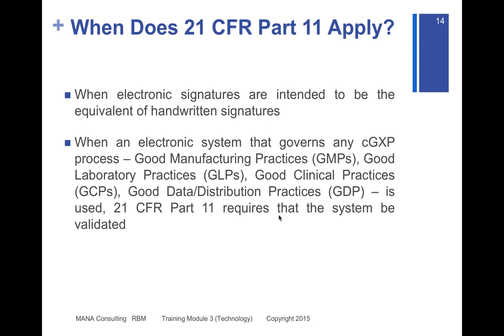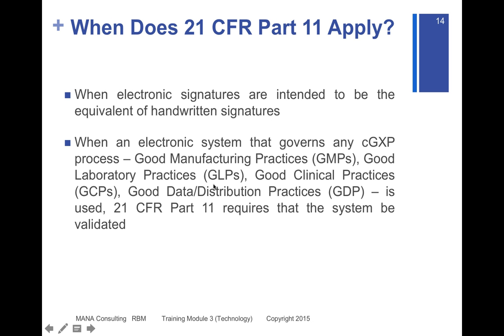So 21 CFR Part 11 applies in several places. One, anytime you use electronic records in place of paper in a regulatory submission. So like we talked about, the electronic CRFs, that is a place where 21 CFR Part 11 applies. Whenever records for regulated activities are maintained both electronically and in paper, then 21 CFR applies to the electronic format.